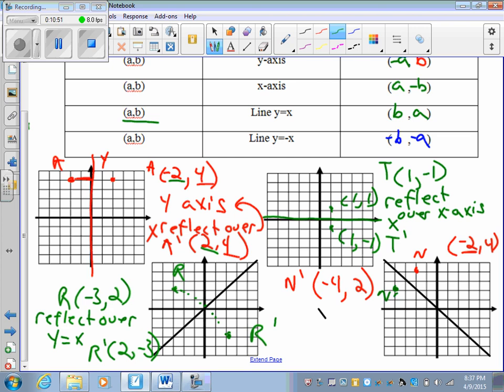Again, I'm eyeballing it. It should be somewhat equal distance from the y equals -x line.